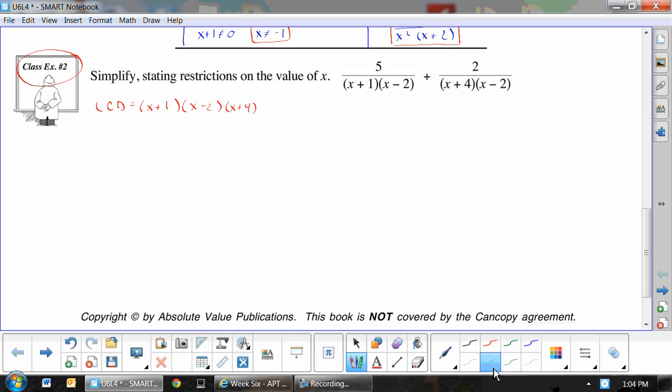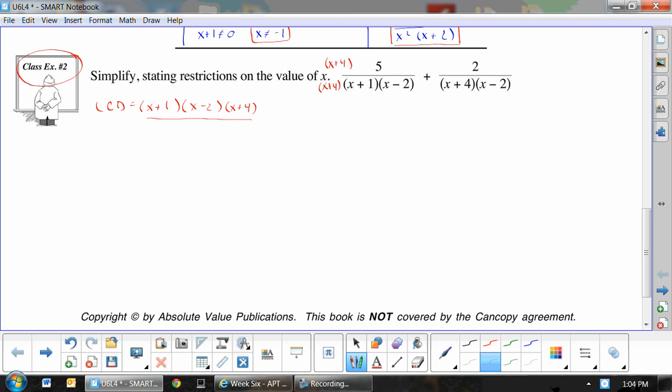Okay, so we can look at this and say I want to make both of our denominators equal our LCD. In our first term, we have an x plus 1 and an x minus 2, so we need to multiply both the top and the bottom by an x plus 4.